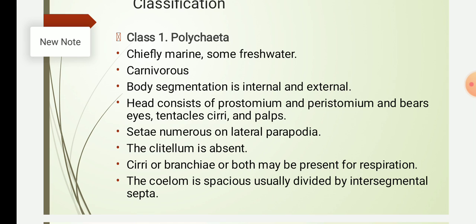The cilia and branchia help in respiration. Branchia is another word for gills, in the form of filaments or lamellae that contain coelomic fluid, which helps in carrying out gas exchange.